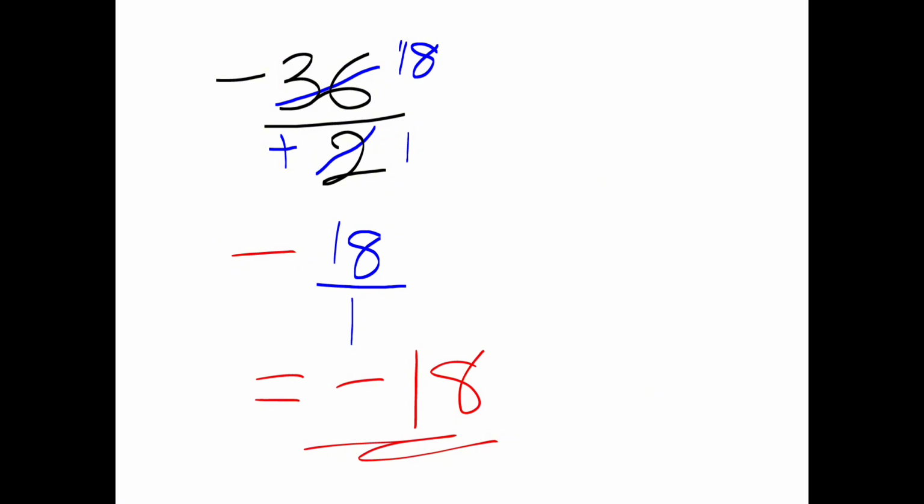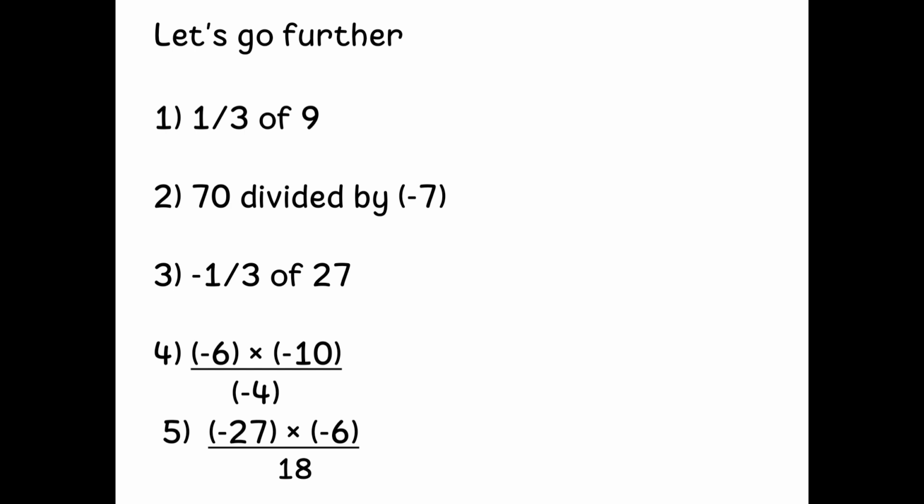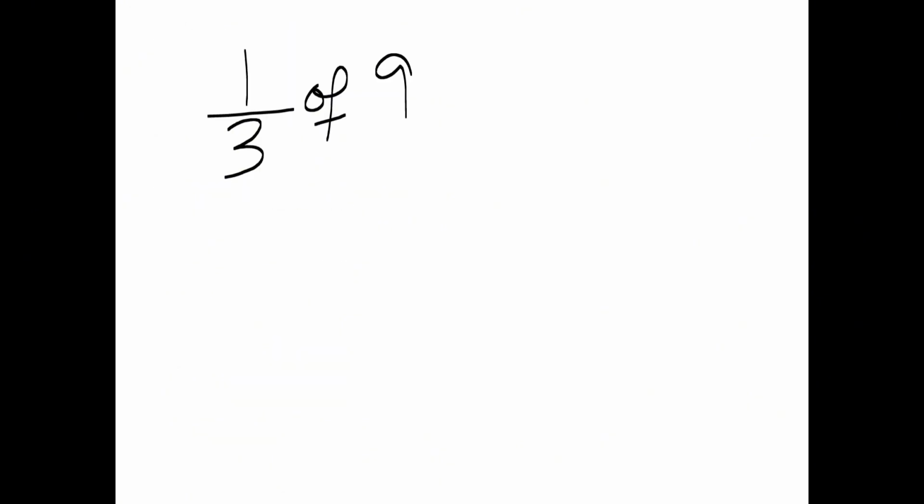So let's go further in this calculation with this set of questions. We pick them one by one and follow me. Make sure you understand everything. So here the question says 1/3 of 9, and we know that our 1/3 has a plus sign, right?